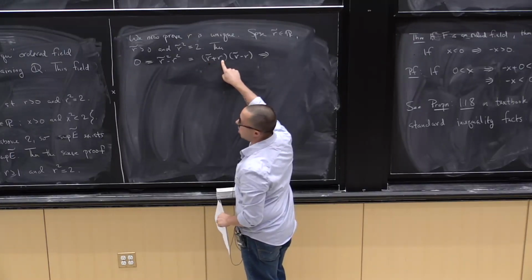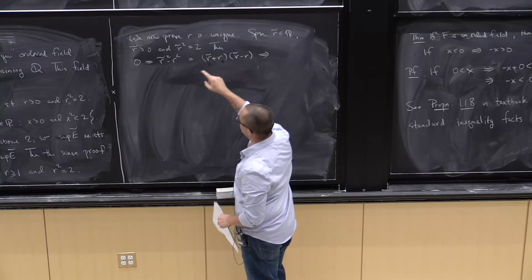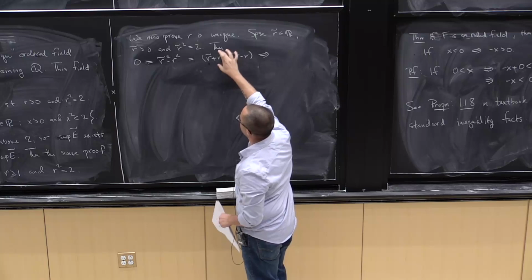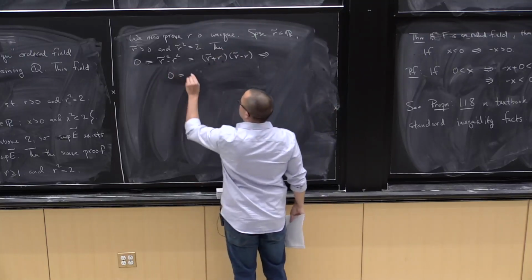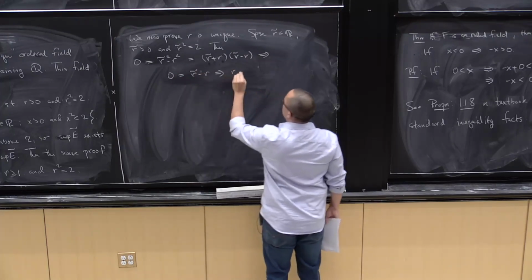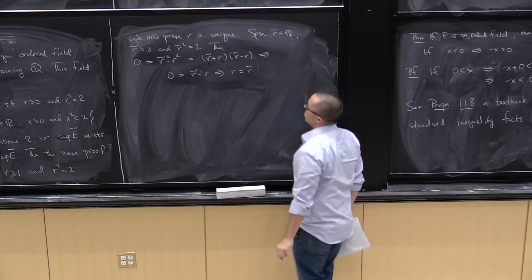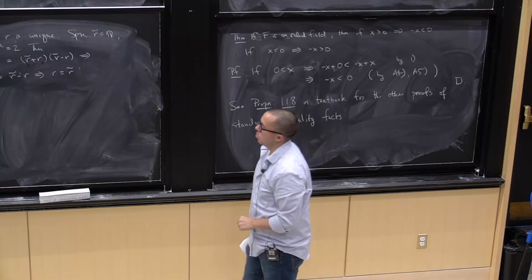In particular, it's non-zero. So since it's a field, I can therefore divide or multiply both sides by the inverse of this thing and arrive at 0 is equal to r tilde minus r, or r equals r tilde. So there exists only one element in the real numbers, which is positive and whose square is 2.